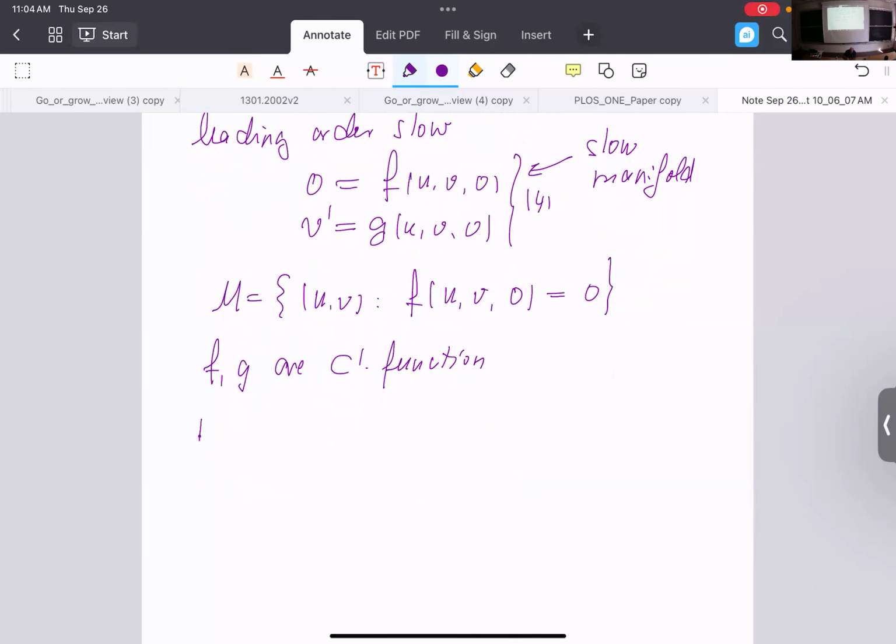And then I introduce a definition which I have not used in our example, which is called normally hyperbolic. So the slow manifold is called normally hyperbolic.